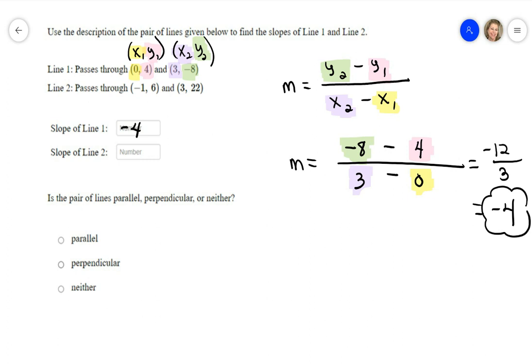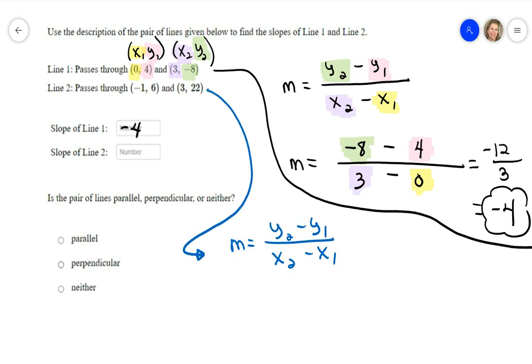Now I'm going to do the exact same thing again, except this time with the second pair of numbers. So I'm going to pause for just a second. Okay, so for line 2, I'll do all this in blue, but I'm still looking at green, y sub 2, that would be 22.